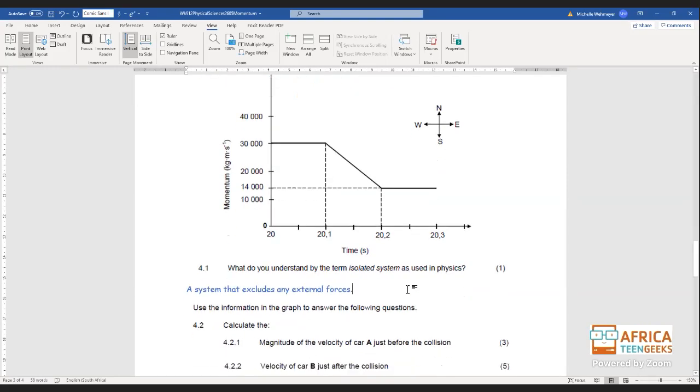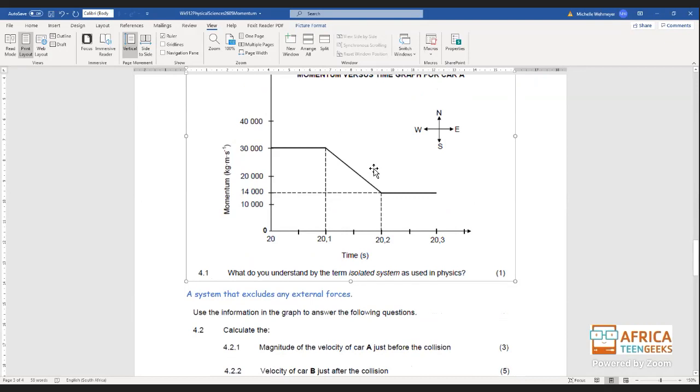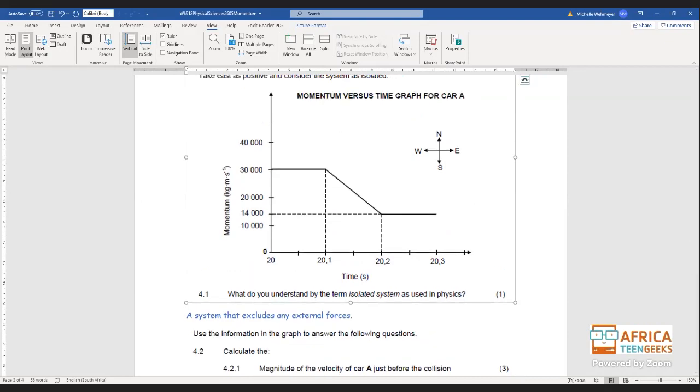Okay, so isolated systems in physics don't have any net force acting on them outside of the system. Then they say use the information in the graph to answer the following questions. So 4.2, calculate the magnitude of the velocity of car A just before the collision. So I'm just going to copy this and put it into my whiteboard, and it's easier.